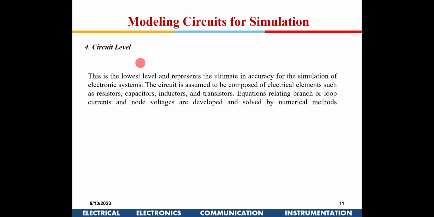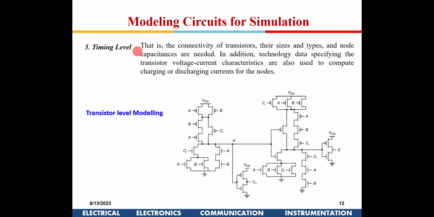Then I could model it at a circuit level, where apart from that, some electrical elements such as resistors, capacitors, and inductors are also used. And the most detailed simulation would be timing level, where a transistor is modeled using whatever BSIM3 model or whatever it is, in which the parasitic capacitances and everything is taken into consideration.